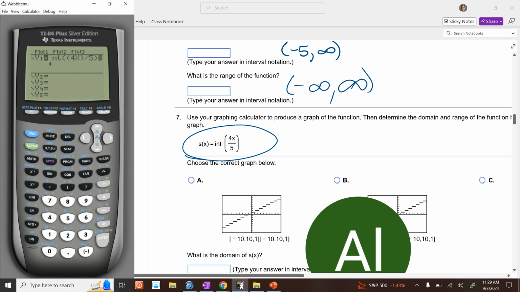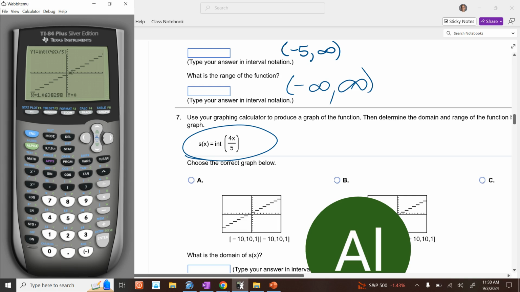The greatest integer function. So if we graph it, it goes like this. Okay. If we trace it, it's right on the line here. And then if I go over to 1, boom.